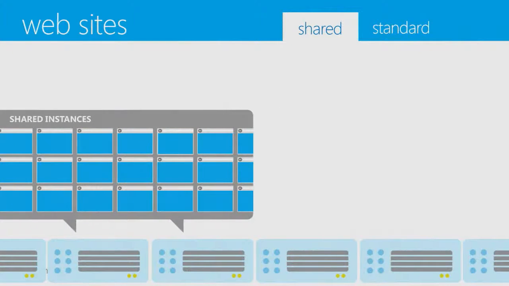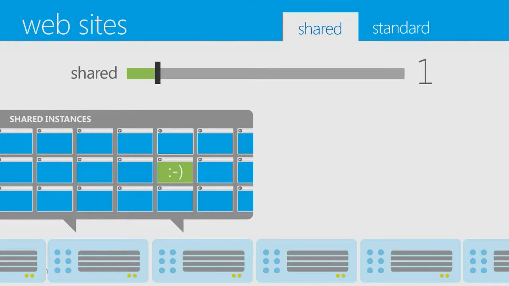With Azure scaling, you can start with a single free instance on a shared multi-tenant machine. Then, as your web traffic increases, you can tell Azure to start more instances of your website. Those will still live in a multi-tenant machine, but your website will be able to handle more load.